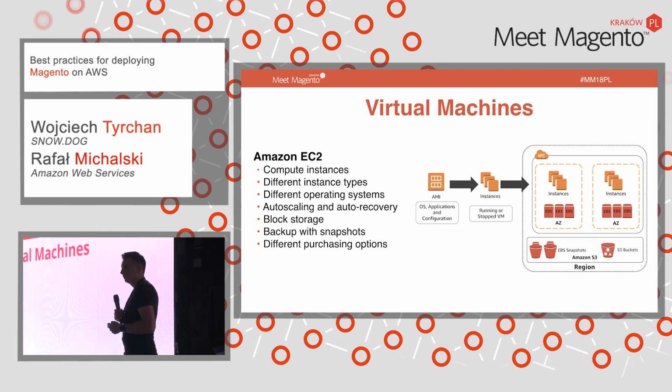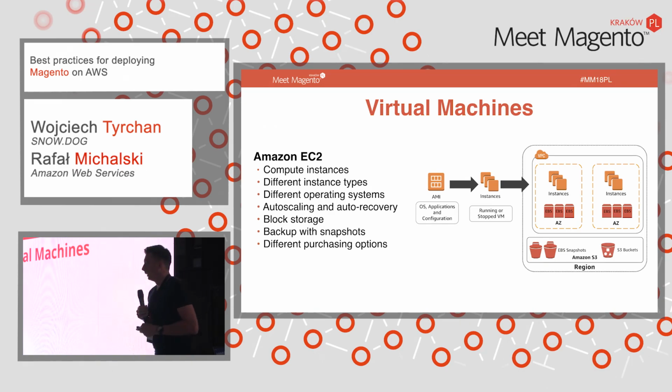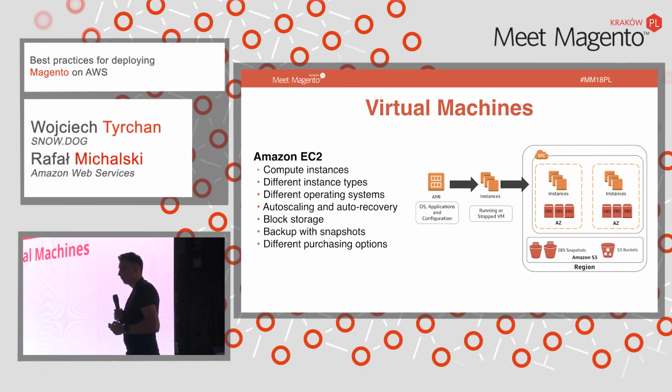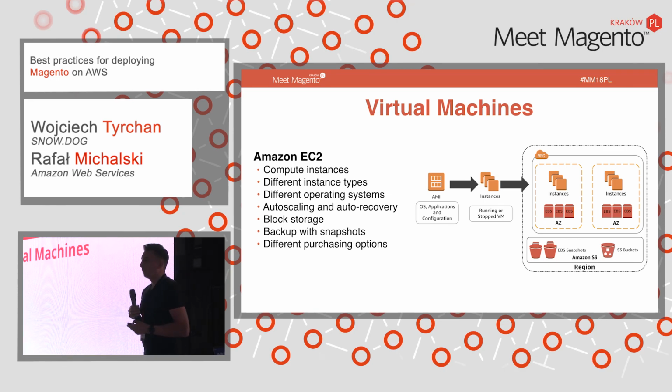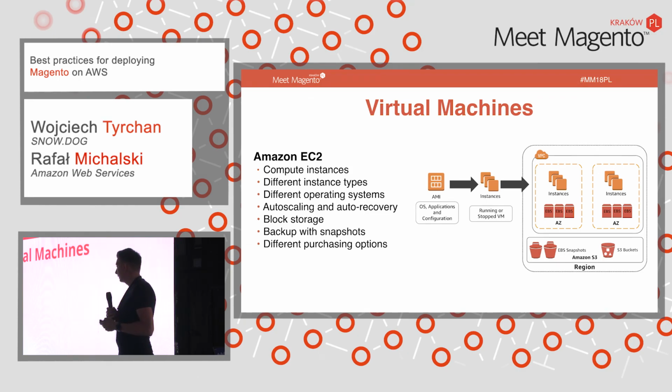You can obviously have many different operating systems, whether it is Linux or Microsoft Windows, including Windows 2003, if someone still needs to use it. Obviously, there are options for auto-scaling and auto-recovery. So these are one of the main advantages of the cloud.